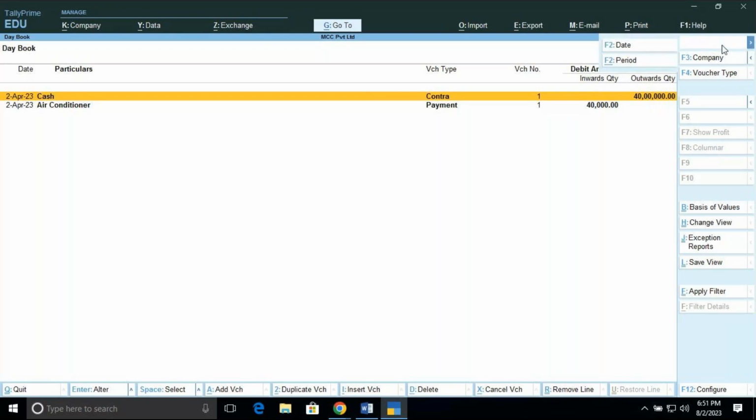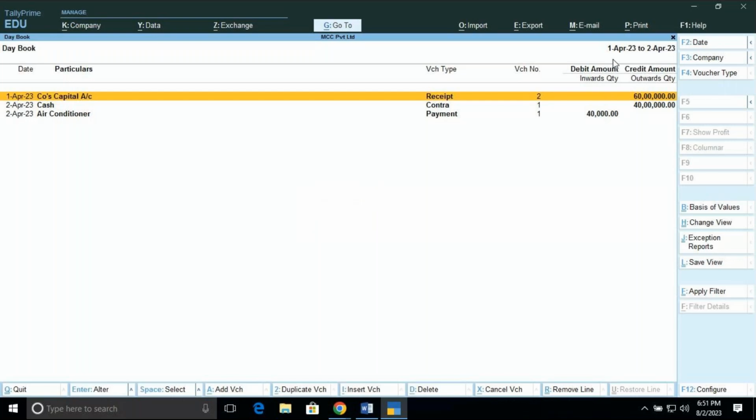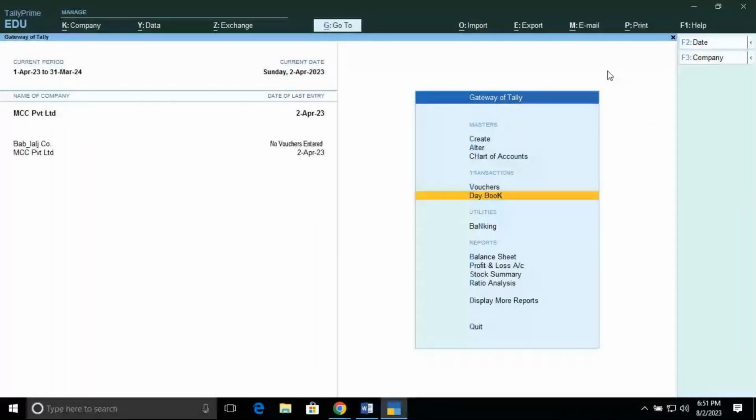See, in MS Office as well as in Tally, if there is a single underscore, that is Alt. So now it asks for a date range. You say 1-4 to 2-4. So it will show me all the entries. Okay. Now all of you write down the fourth transaction. Transaction number 4.